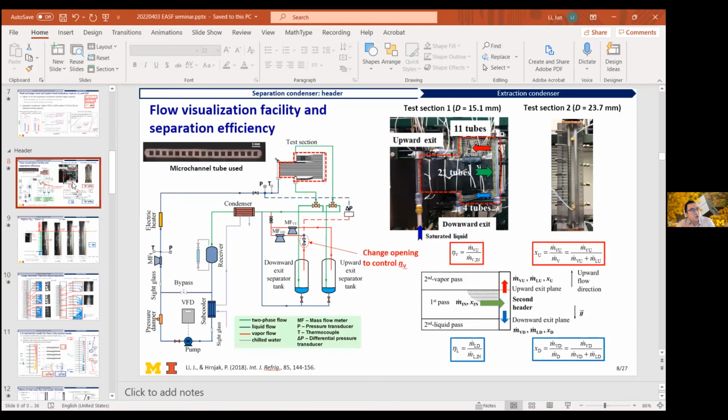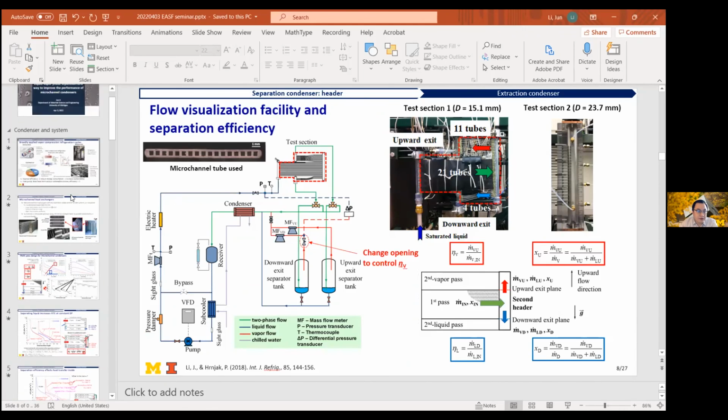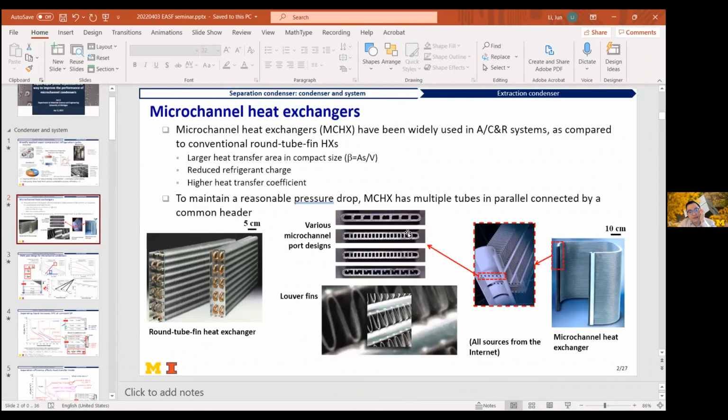Yes. I showed in my second slide, there are different studies on the port designs for microchannel tubes, and that's a great question. I guess the port size is essentially determined by the tube width of the microchannel, and the tube width is essentially determined by the application for our microchannel heat exchanger.